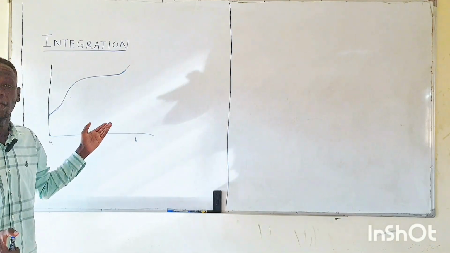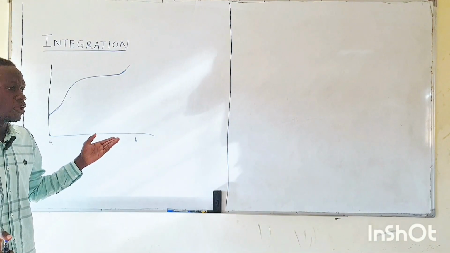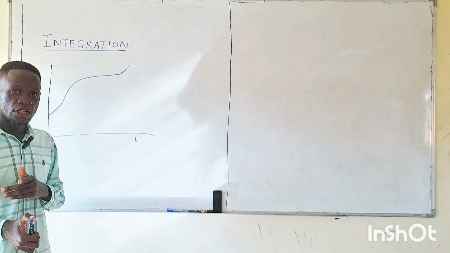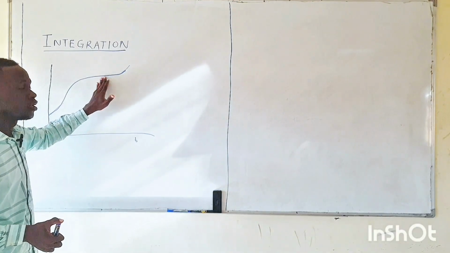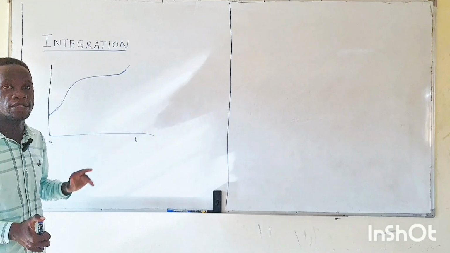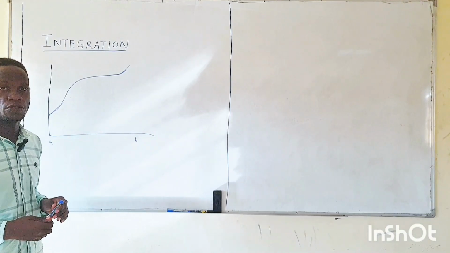How would you get the area under this curve? In geography, you can estimate this area of a curve, but the method is not very accurate.